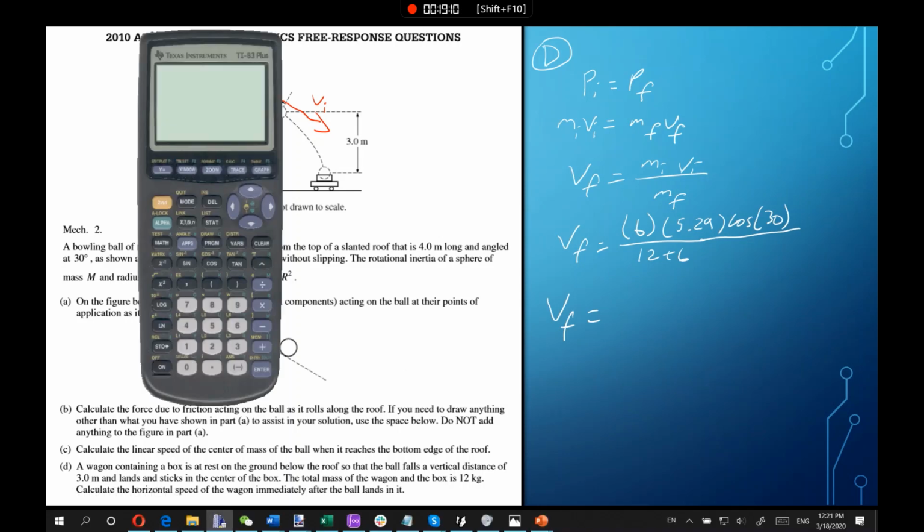I still got something different. Okay, so this was 6 over 18 by 5.3 by the cosine of 30 degrees. I'm in radians right now, so I'm just going to write this in radians. That's the cosine of pi over 6. So I've got 1.5-ish.